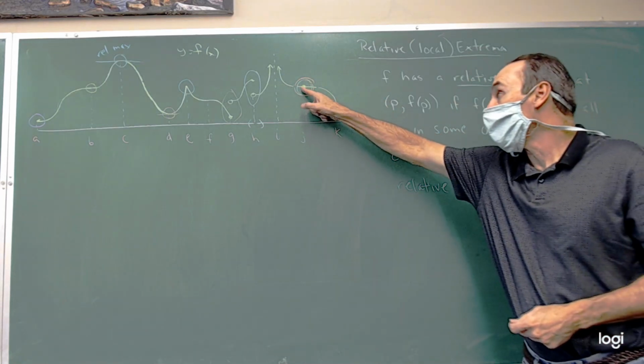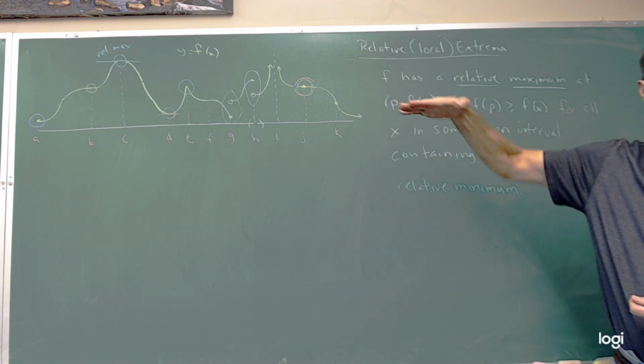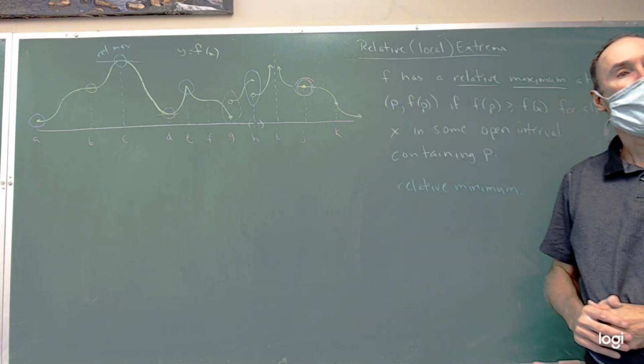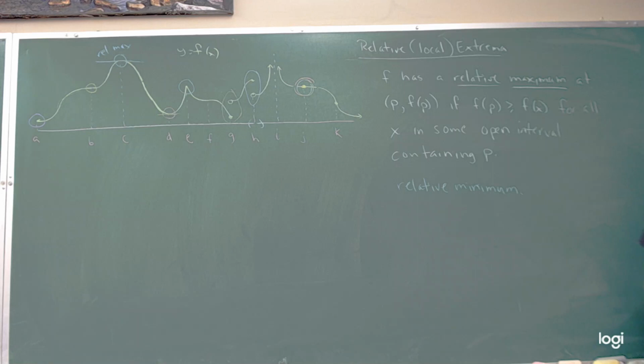So at that point right there, if that's in the middle of a horizontal line segment part of the graph, is its y value greater than or equal to all the other y values in that little circle, including it? Yes. Greater than or equal to. Is it less than or equal to all those? Yeah. So it's weird.